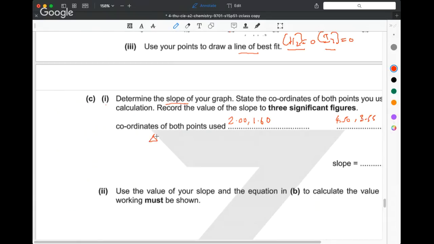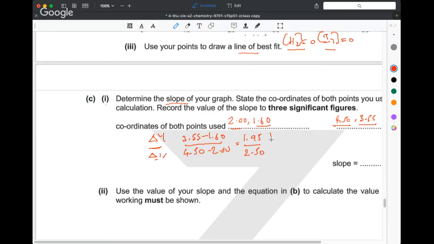Then I was able to work out delta y by subtracting that, and delta x by subtracting that. The difference in the y is 3.55 minus 1.6 for me, and 4.5 minus 2 for me. You will have had different values. They won't be the same as mine, but I ended up with 1.95 divided by 2.5.